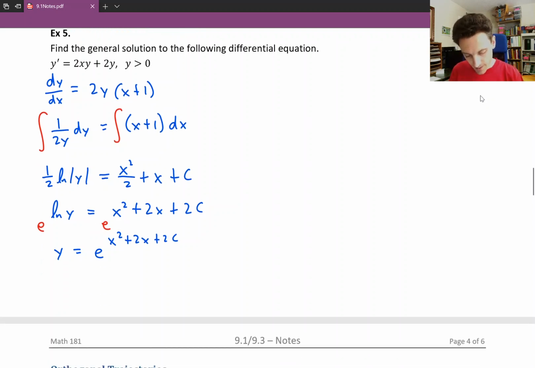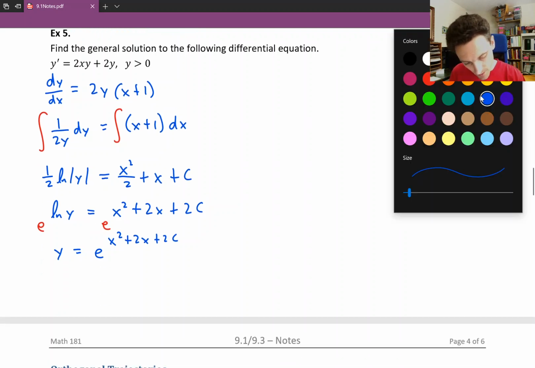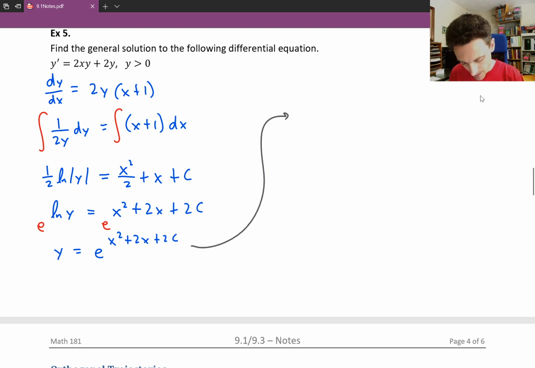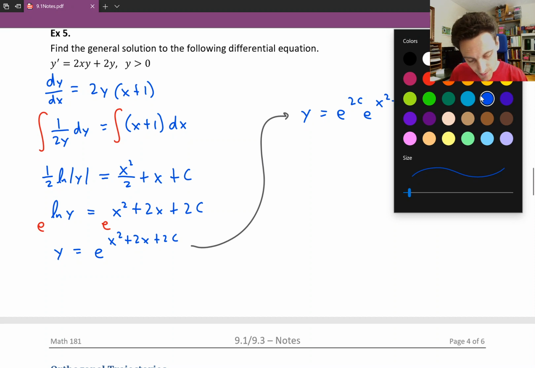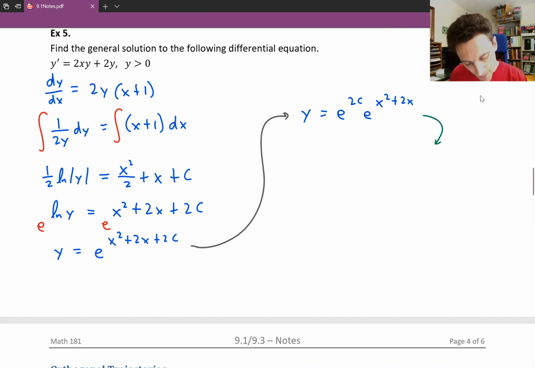So we'll use the exponent property to write e to the 2c times e to the x squared plus 2x. We're breaking off the e to the 2c. And the reason for doing that is because then, instead of e to the 2c, we can write k.